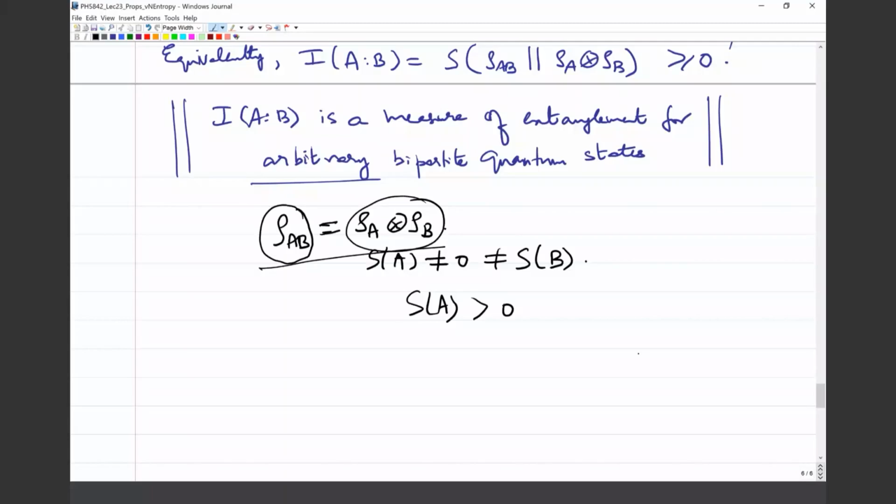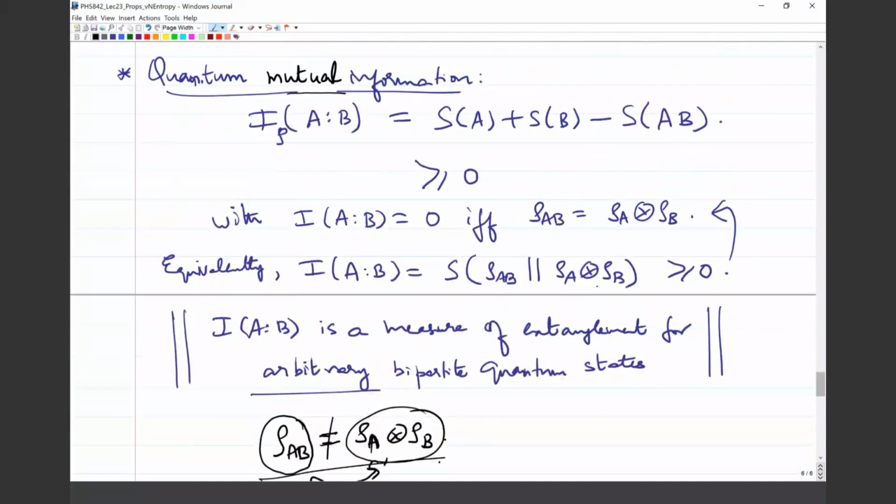A can separately prepare the density operator rho A in her lab, and B can separately prepare the density operator rho B in his lab. And both of them can have non-zero entropy. But they're still not entangled. They're just independently prepared. But when rho AB is not equal to the product of its marginals, then how far apart these two are is what is captured by this relative entropy, or in other words, this mutual information.